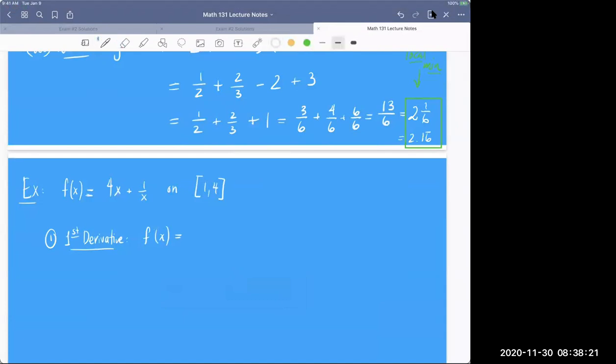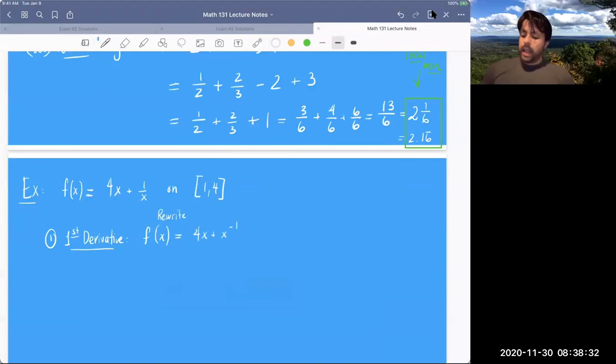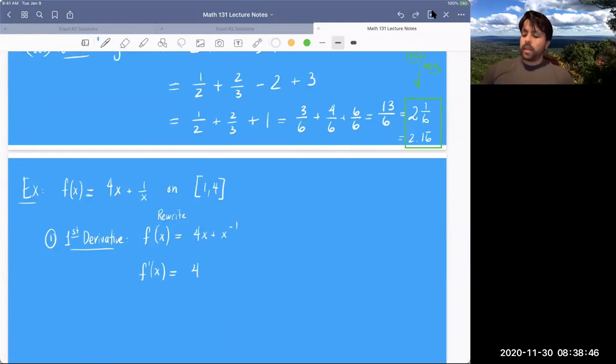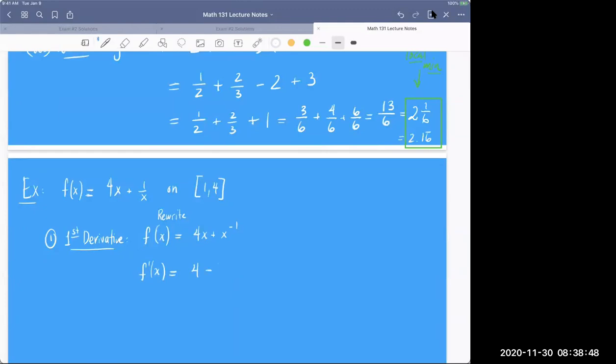I would rewrite f of x as 4x plus x to the negative 1 power, and then I can find the derivative, which would be 4 minus x to the negative 2, because of the power rule.